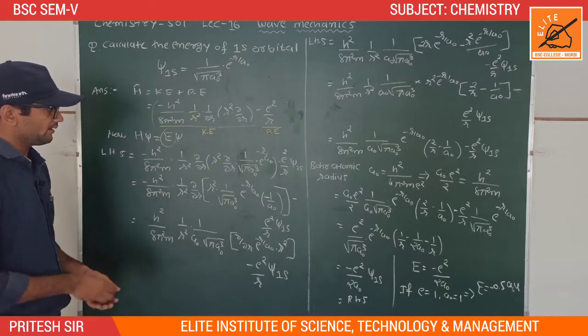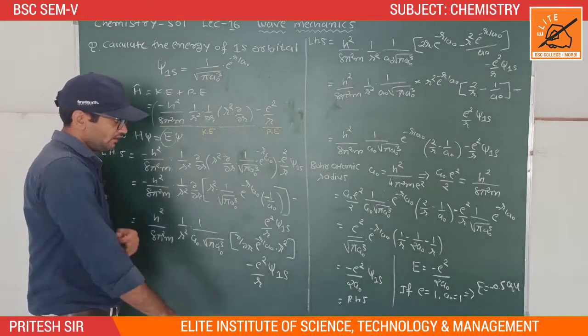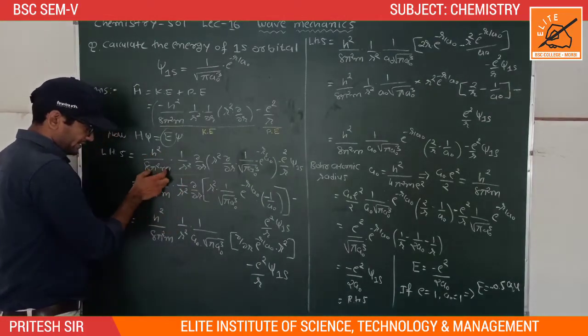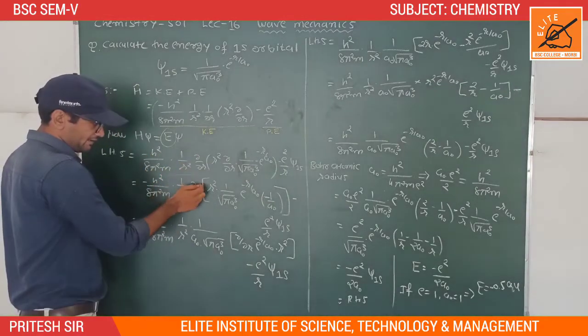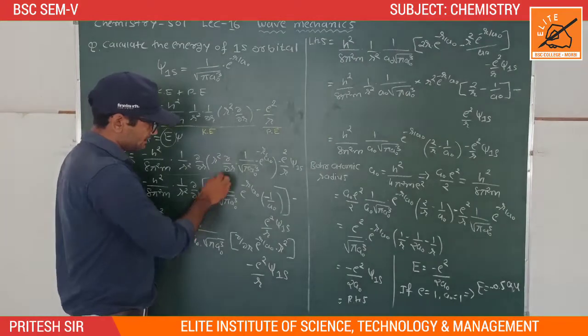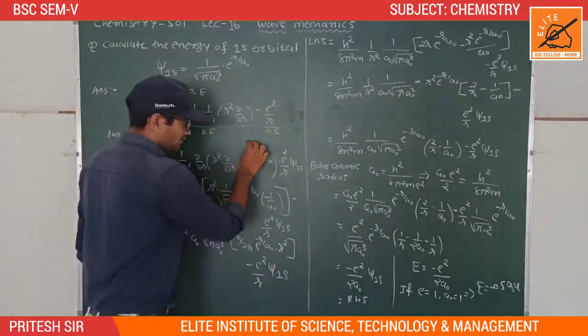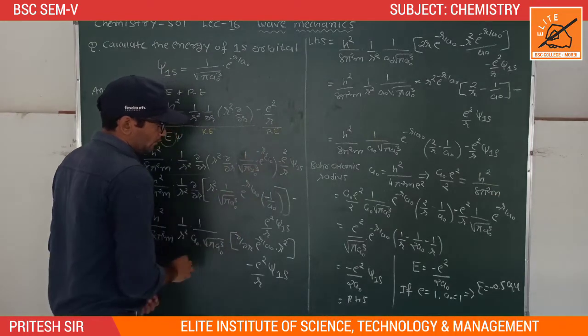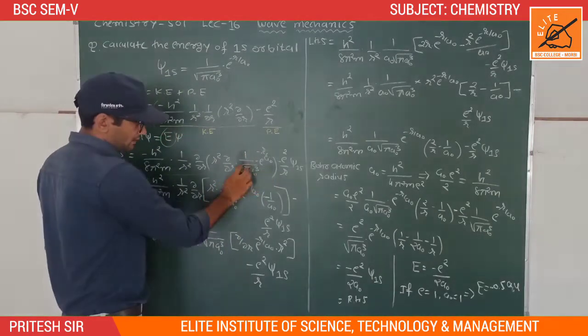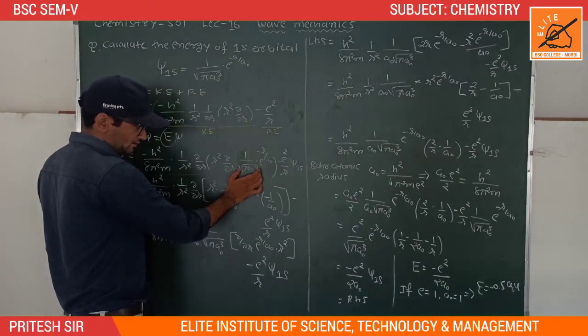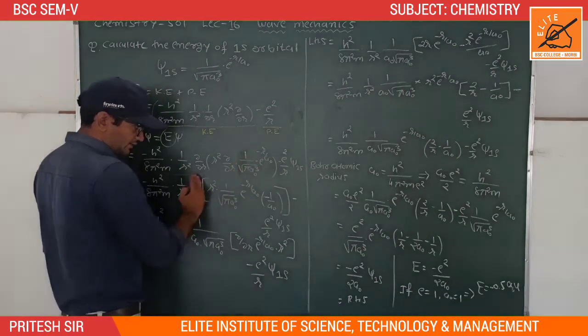Okay, so now in the next step this term remains as it is, minus h square upon 8 pi square m, 1 upon r square, del by del r, but here in this case del by del r means differentiation of this term. Now in this term the variable is r. Okay, so 1 upon under root pi a0 cube is a constant, so it goes outside the differentiation.